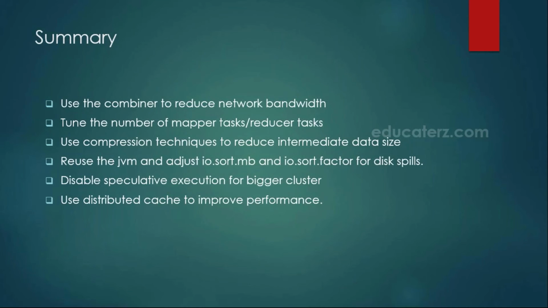We can also reuse the JVMs, and we can adjust the parameters io.sort.mb and io.sort.factor for the disk spills. And we can disable speculative execution for bigger clusters to improve performance. And we can also use the distributed cache mechanism to store the files as part of your main memory.